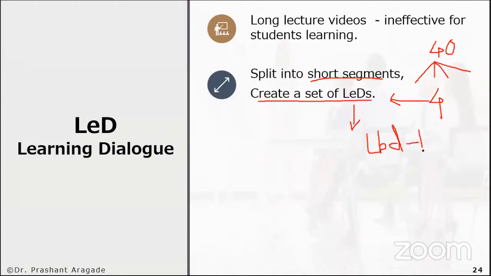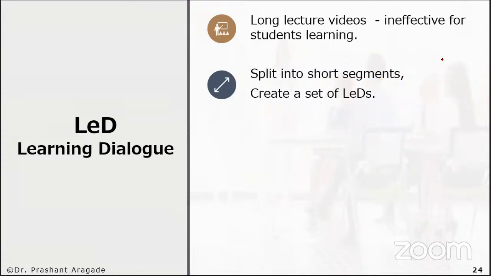Then again an LED, that is the second point, that is the second video, and then again it is followed by the LBD. So you have to split the concepts into segments and create a set of LEDs, and each LED followed by LBDs. Keep this in your mind.